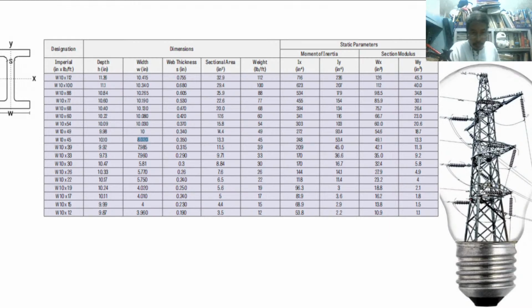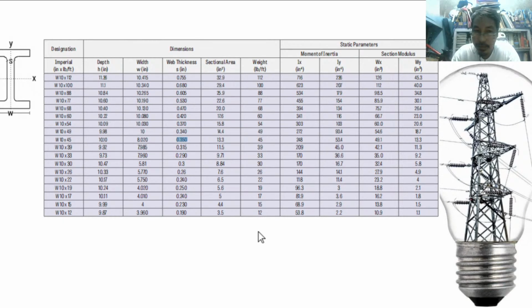But in our table we cannot see the flange thickness. We have the web thickness here, but we don't have the flange thickness. Since you have the width, the actual depth and the area, you can just solve for the flange thickness.